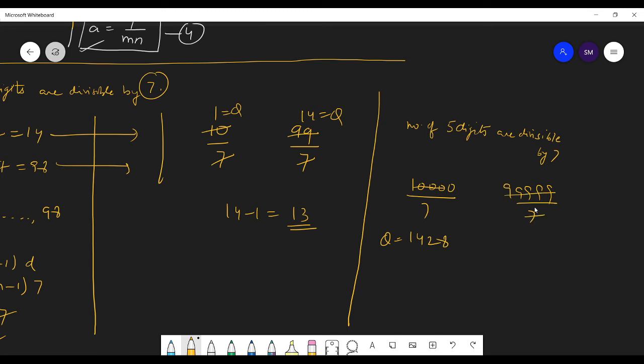And what is the quotient this side? So your answers are matching with me or not? Yes, sir. Matching. So simply subtract them.